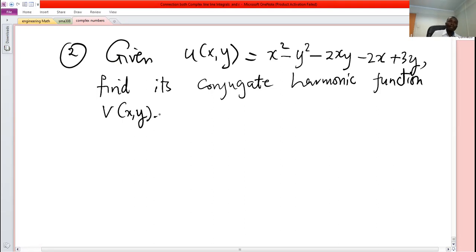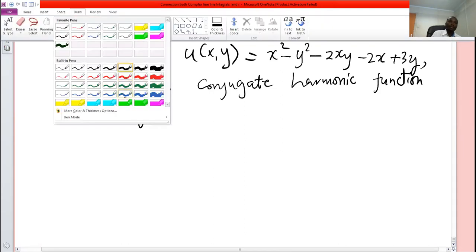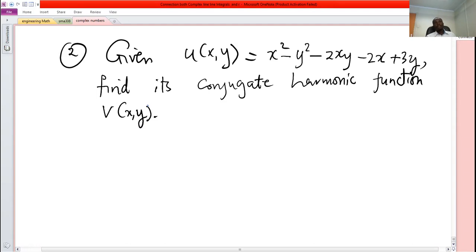So here, you need to know that two functions u and v are harmonic conjugates if they satisfy the Cauchy-Riemann equations.